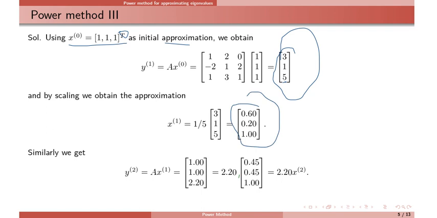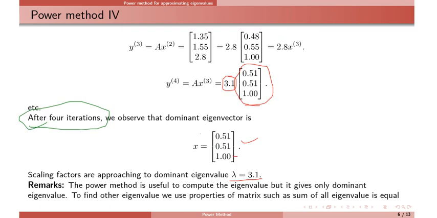And if I stop at the second iteration, this 2.2 is the eigenvalue, and this is the eigenvector. And in the third iteration, 2.8 is the eigenvalue, and this is the eigenvector x3. And in the last iteration, this is the eigenvalue and this is the eigenvector.